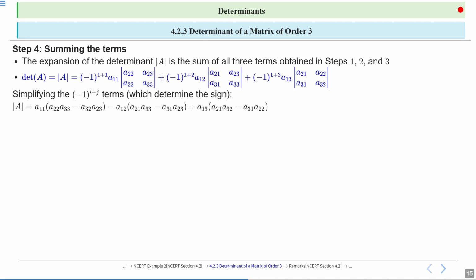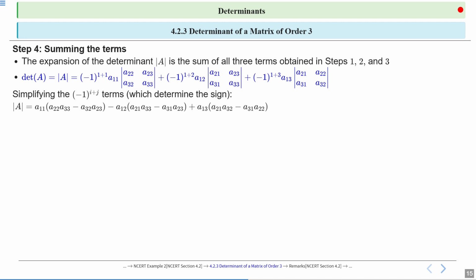Now simplify the minus 1 to the power i plus j terms, which determine the sign. The determinant of A is A11, and then we calculate the determinant of order 2 cross 2, that is product of diagonal elements minus product of off-diagonal elements. So we get A22 into A33 minus A23 into A32. Then minus 1 to the power 1 plus 2 is minus 1.